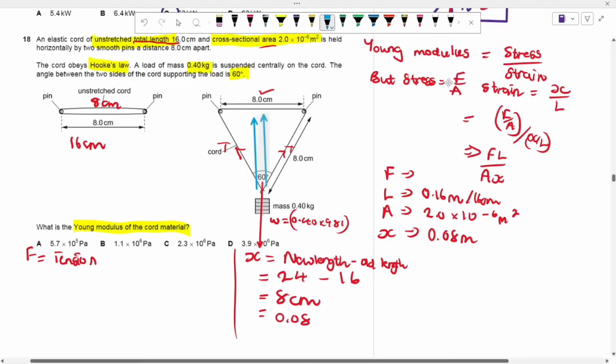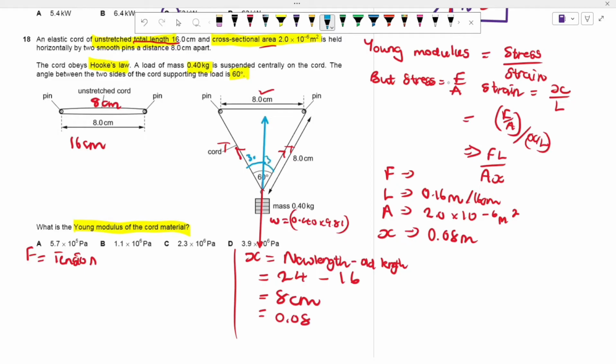If we resolve our tension into two specific components, we're going to have 30 degrees on this side, and then 30 degrees on that other side. Then this is T. So if you form a little triangle, this is going to be the adjacent, this is the hypotenuse. So T will be equal to the hypotenuse times cos 30, because if you want to find the adjacent, it's just your hypotenuse times cos of something, right?